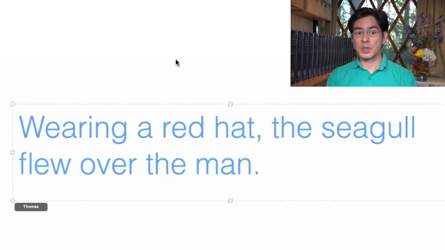And if we were in a casual or colloquial setting, we would probably understand what was being said. But notice that this participle phrase, which in this case uses the present participle, wearing a red hat, seems to suggest not that the man was wearing the hat, but that the seagull, wearing a red hat, the seagull flew over the man. And that would be quite a sight to see, a seagull wearing a red hat flying over a person. So this is how participle phrases can lead to these potentially confusing, if not funny, situations.